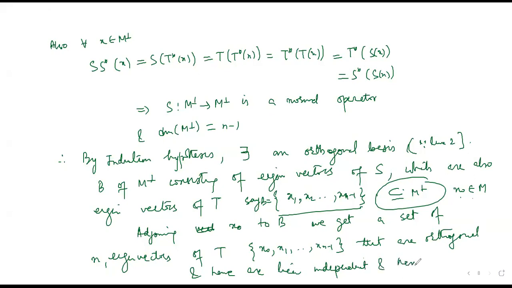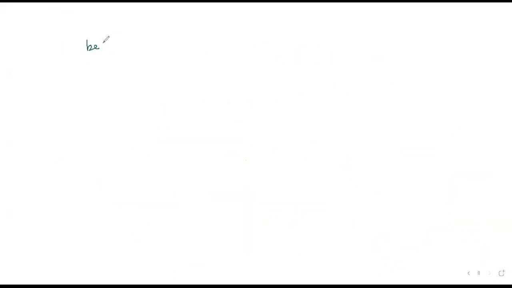Therefore they form a basis of H, because there are n linearly independent vectors in H and its dimension is n. Therefore they must form a basis of H. And since they are eigenvectors of T, therefore T is diagonalized.